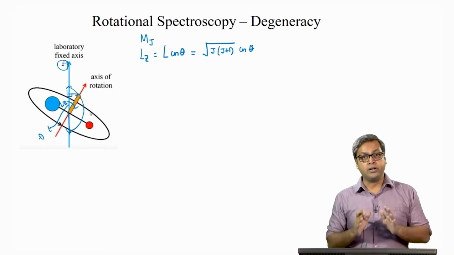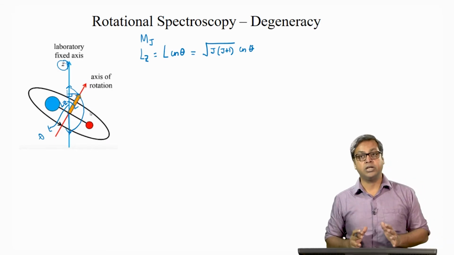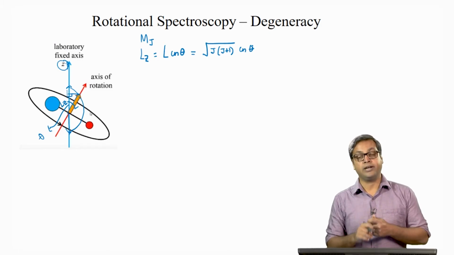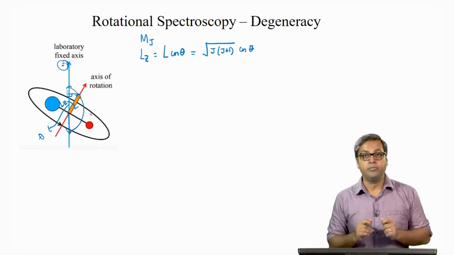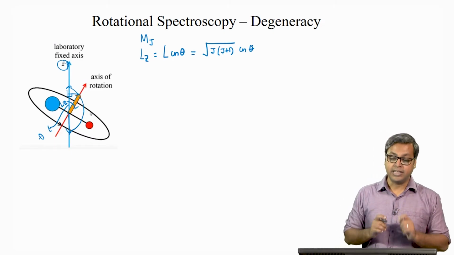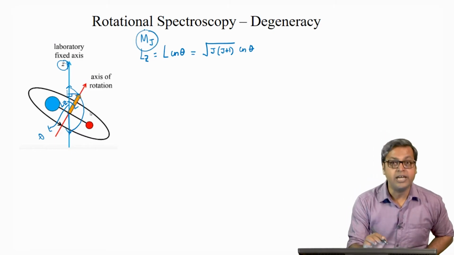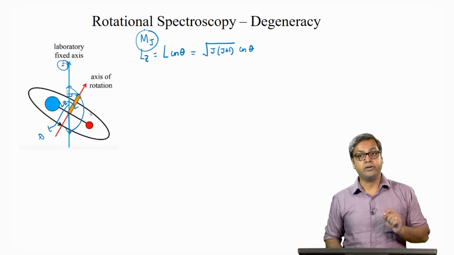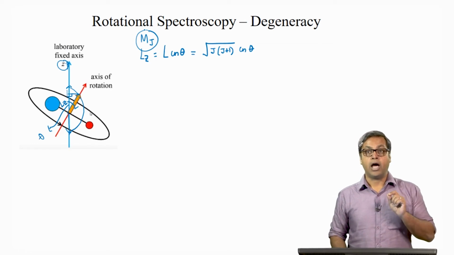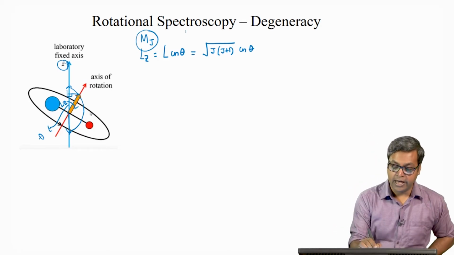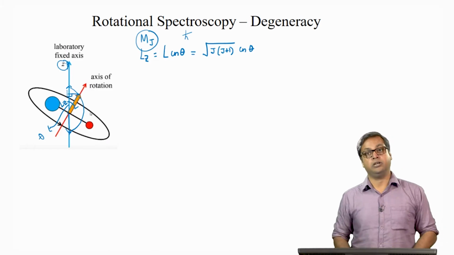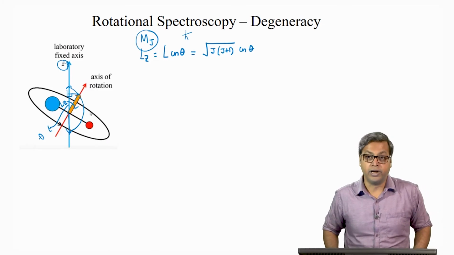So, for integral values of the rotational quantum number j, the angular momentum vector can only take up directions such that this m_j is 0 or an integral multiple of angular momentum units h cross. So, this puts a restriction on the angular momentum vector.